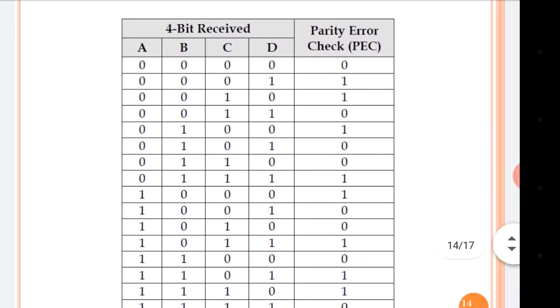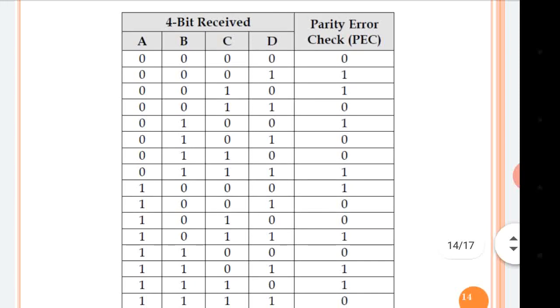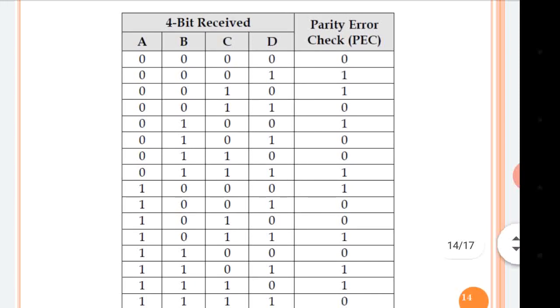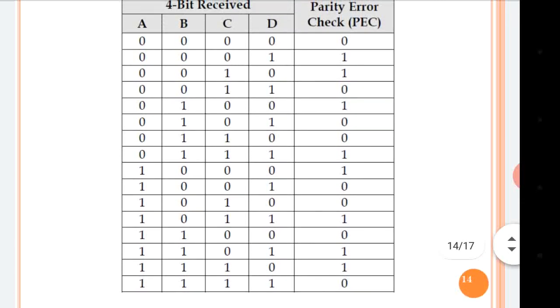Observe the truth table here. A, B, C, D are the 4 bits received. If there are 4 bits, there are 16 possible combinations, so all the combinations are listed over here. Then the parity error check, that is PEC.